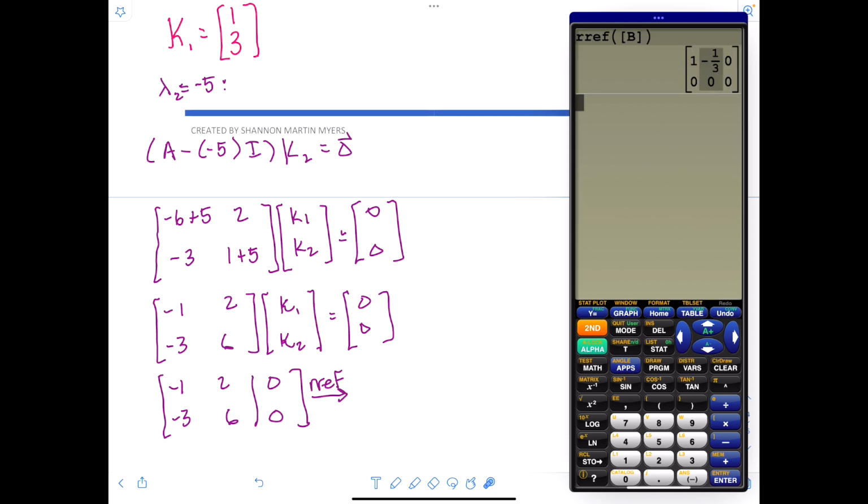We'll quit out of there, and then I'm going to do a little trick. If you do second enter, it's entry from last time, and so we'll get a little shortcut to finishing off our reduced row echelon form.